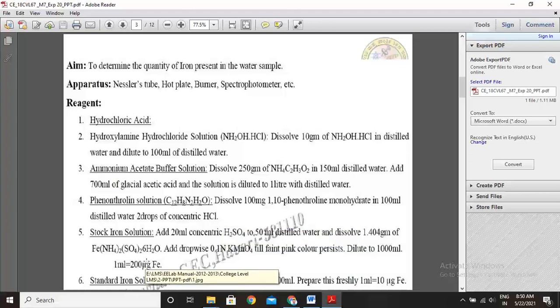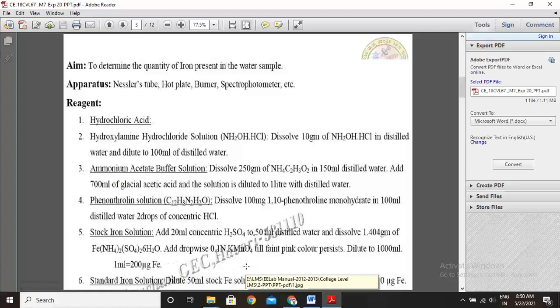Next, stock iron solution. Add 20 ml concentrated H2SO4 to 50 ml distilled water and dissolve 1.404 gram of ferrous ammonium sulphate.